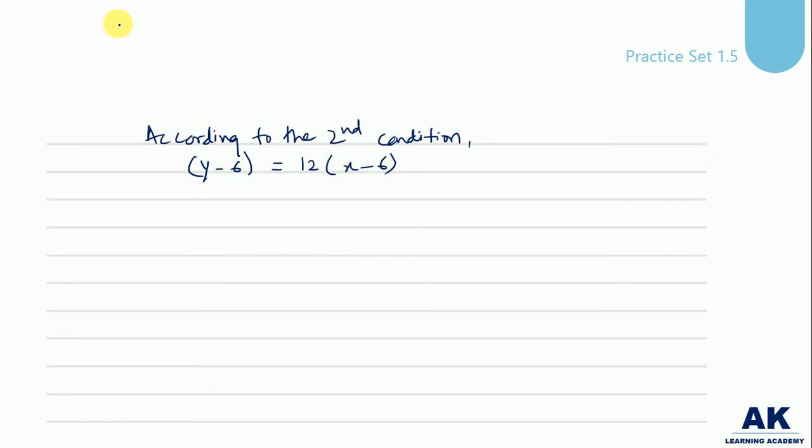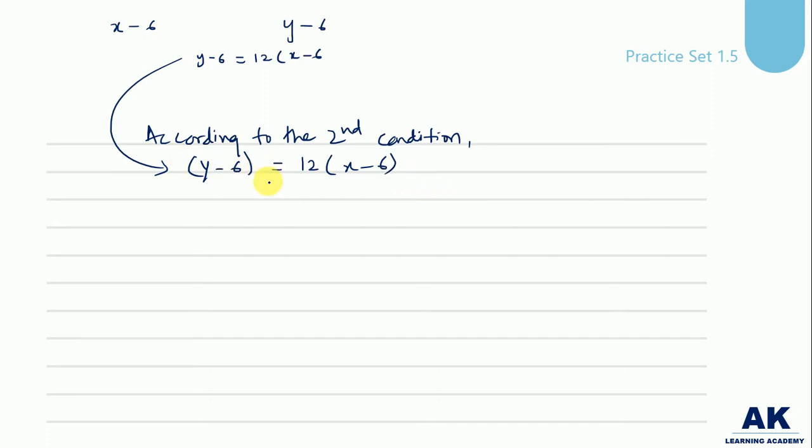What is numerator? It is x, and denominator is y, right? When we reduce by 6, we are left with x minus 6 and y minus 6. Therefore y minus 6 is equal to 12 times its numerator, which is x minus 6. That's the condition here, right?